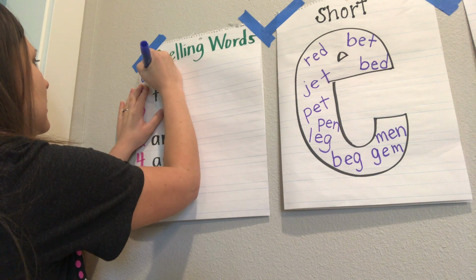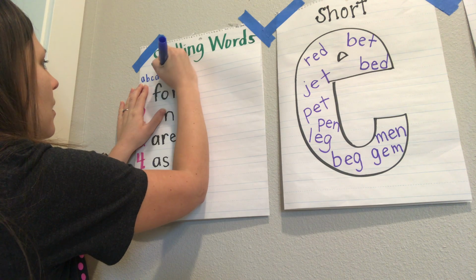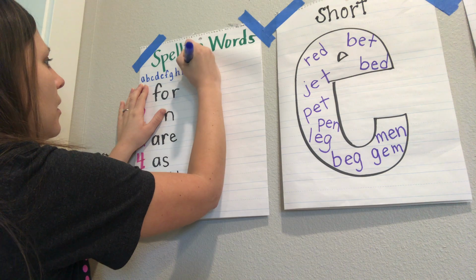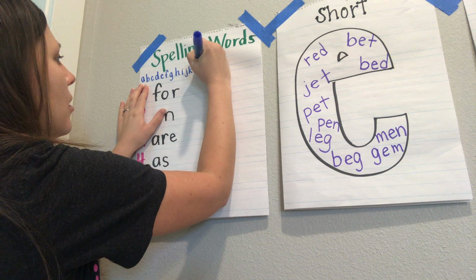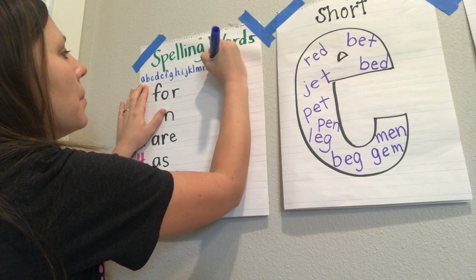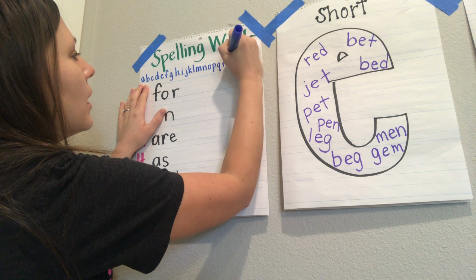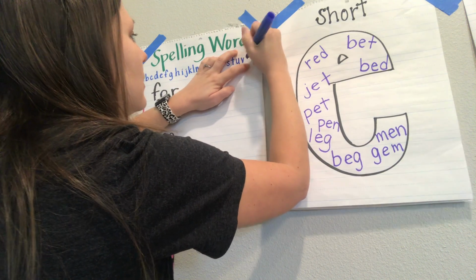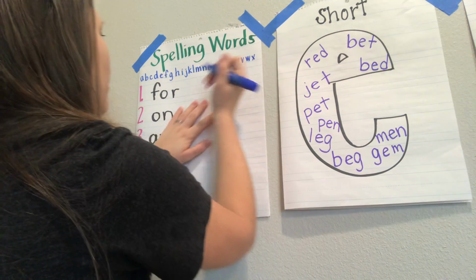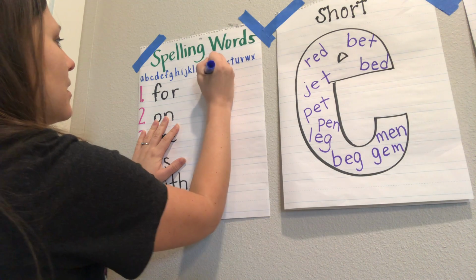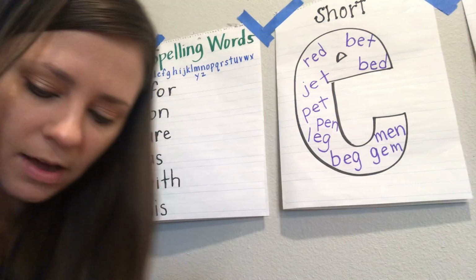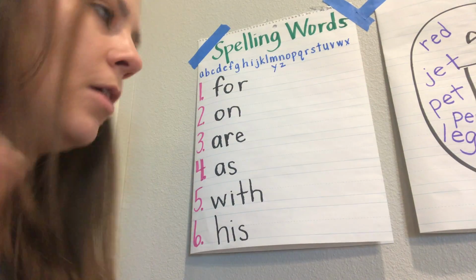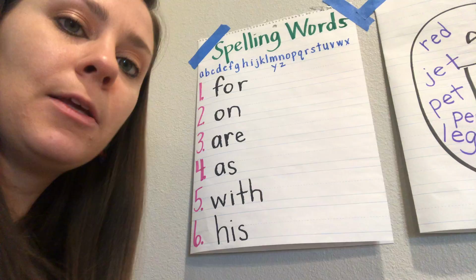A, B, C, D, E, F, G, H, I, J, K, L, M, N, O, P, Q, R, S, T, U, V, W, X, I'm out of room. We'll do Y, Z. Okay, so there's the alphabet. Let me scoot you a little bit closer. Here's the alphabet up there, and it's going to help us put words in ABC order.